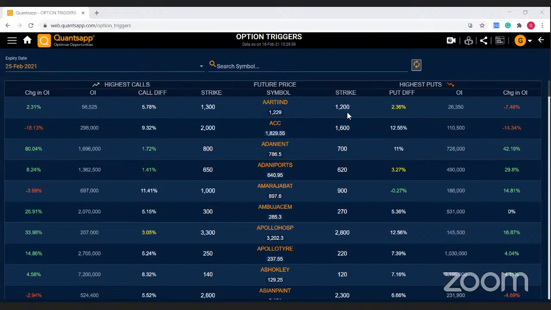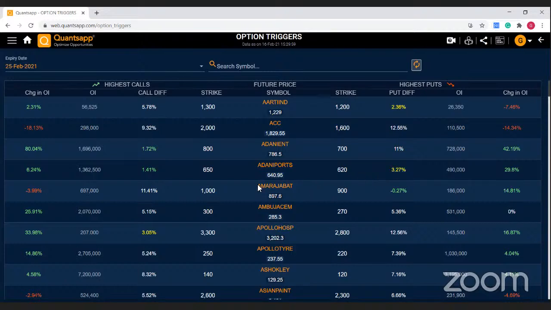the color difference. So if the color difference is on white, which means that the highest put strike, so it's a 1600 strike, it's very far from the future price. It's almost 12.5%, which tells me the highest put is very far. And if I see in the yellow, which indicates, so if I say Adani Ports, the difference between the highest put and the future price is between 2 and 5%, which could mean a further movement which could take this particular stock from yellow to the green.